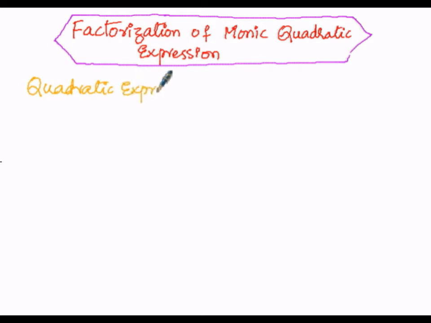Here a quadratic expression is nothing but a second degree term of a polynomial. Now let us write the definition of it.